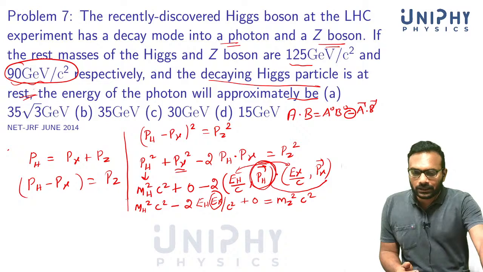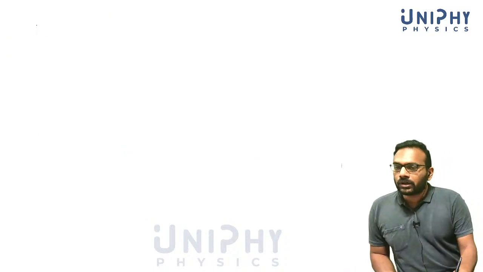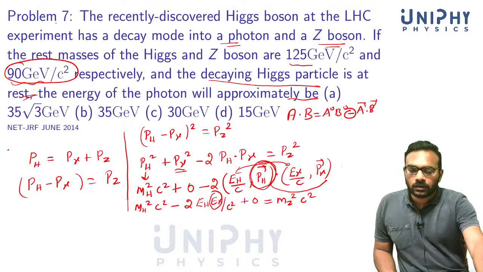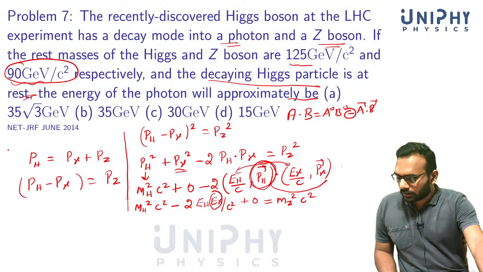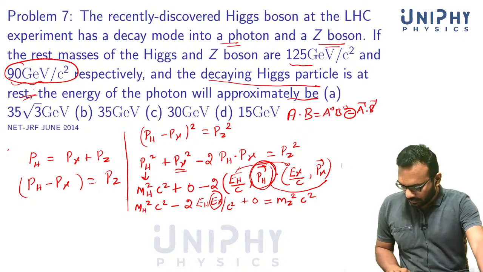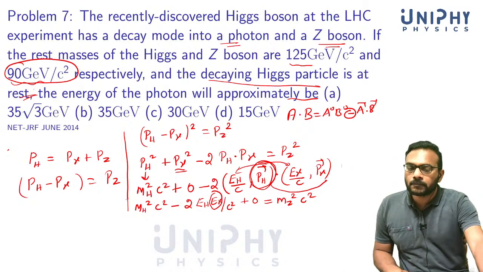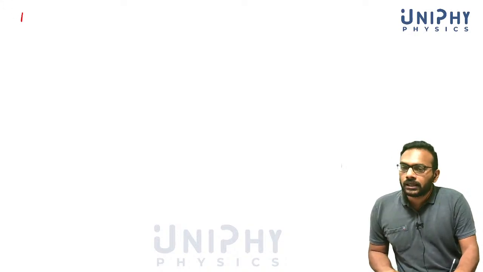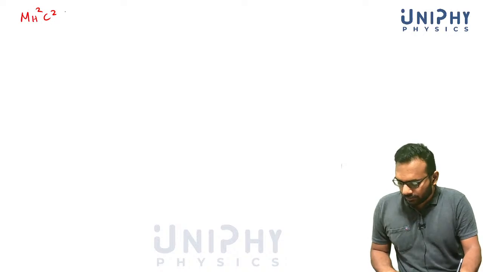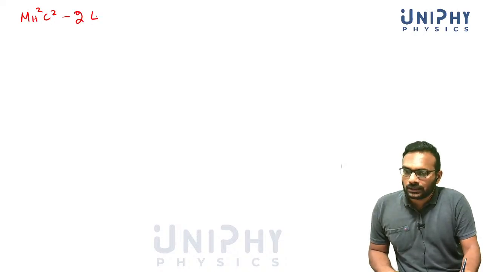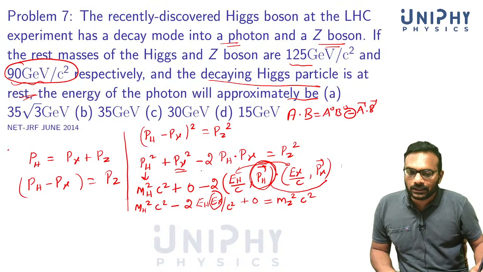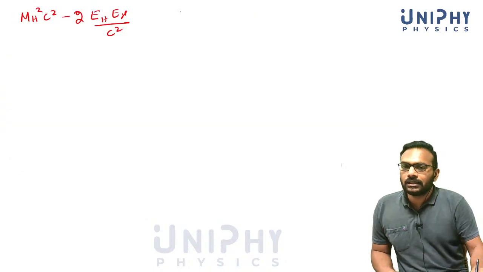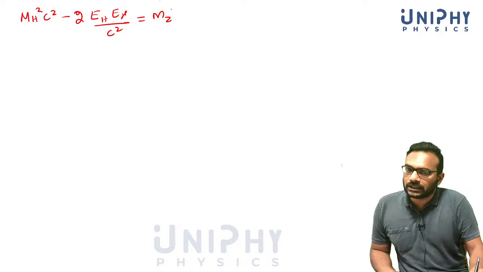So you take this equation. I'll just write it down here again. So what we have here is mh square c square minus twice EH E gamma by c square, from here, is equal to mz square c square.